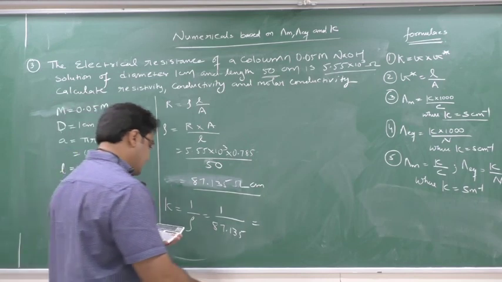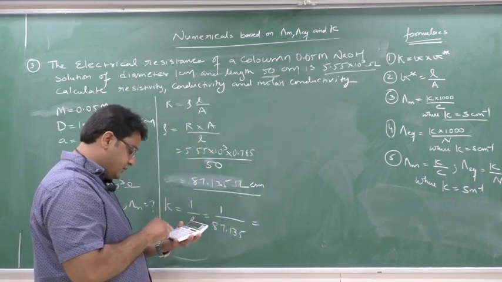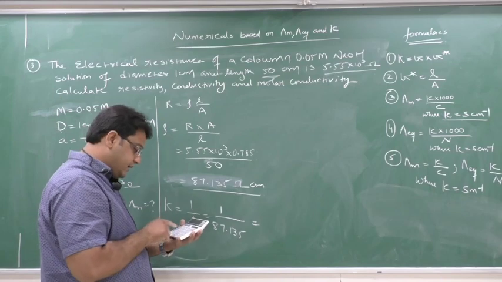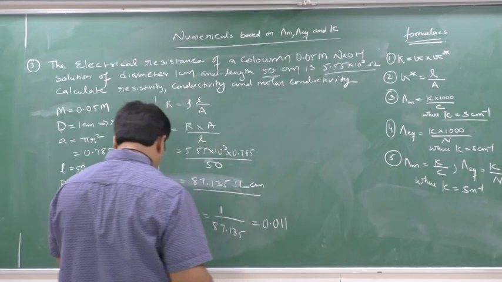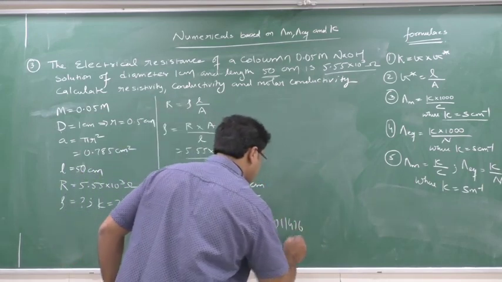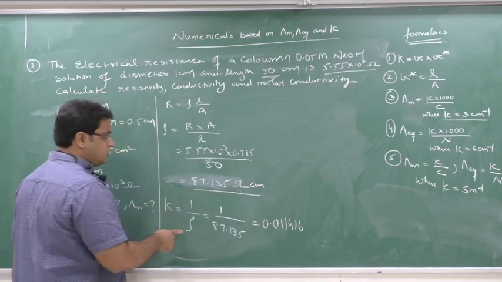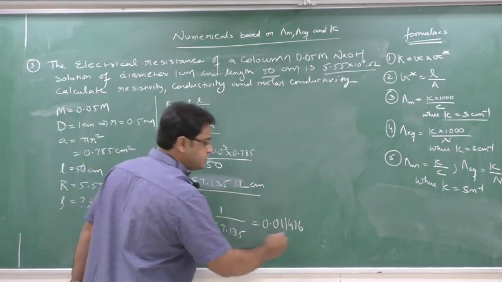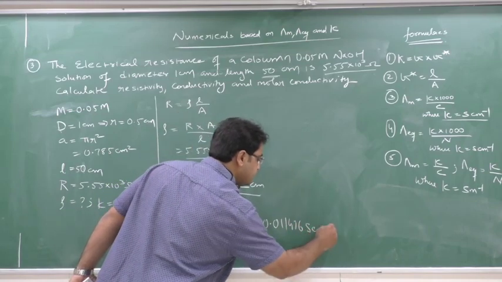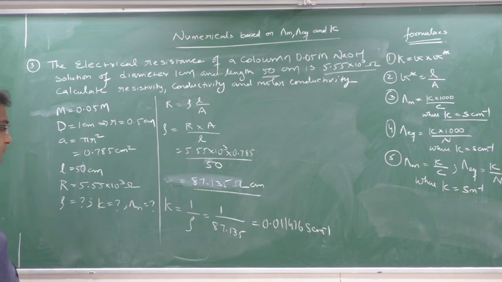So you get the answer as 0.011476. Clear? The unit also will be reverse. When K is 1 by rho, K unit also will be reverse, that is ohm inverse centimeter inverse, and ohm inverse means what? Siemens per centimeter. So this will be your answer for K.